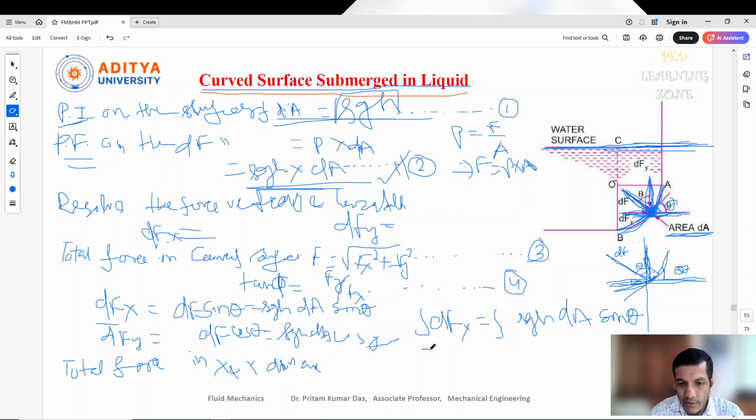So integration of dfx gives Fx equal to rho g, keeping it outside, and the integration of h dA into sine theta. Let's call this equation 5. This is for the x direction, the total force in the x direction.